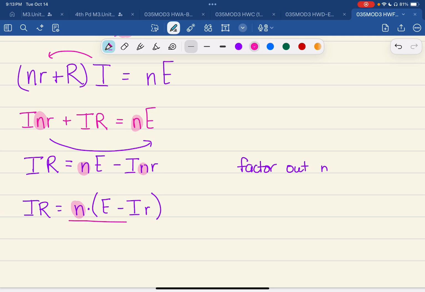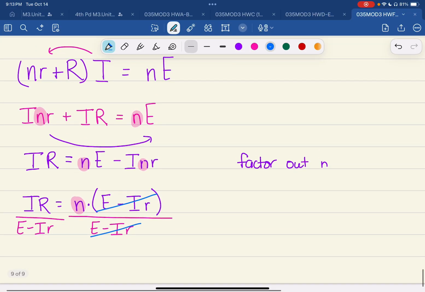So I can divide both sides by E minus IR. I know it looks weird, but dividing anything by itself makes it cancel and go away. So N is now the only thing on this side. And on this side, I've got IR over E minus IR. And that's it.